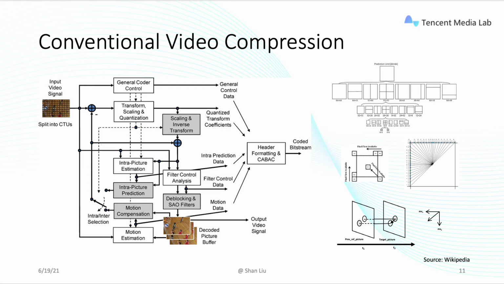As we can see, a video encoder is much more complex than an image encoder. Same for the decoder. The HEVC encoder diagram presented in this slide was published 9 years ago, and the newest video coding standard VVC, which was just finalized last year, is more complex than this one.